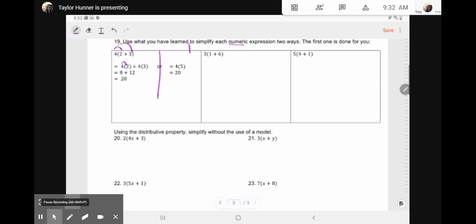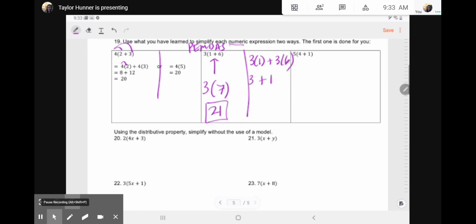Because of PEMDAS, we can also simplify inside the parentheses. So for this one right here, I could say 3 times, 1 plus 6, using the substitution property, that's just 7. 3 times 7 is just 21. Another way is I could say, well, what's 3 times 1 plus 3 times 6?